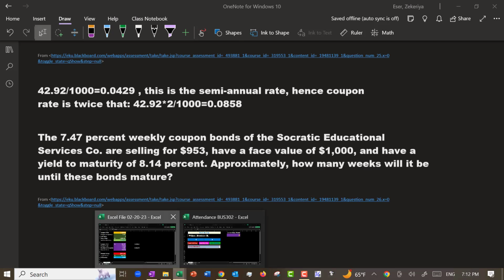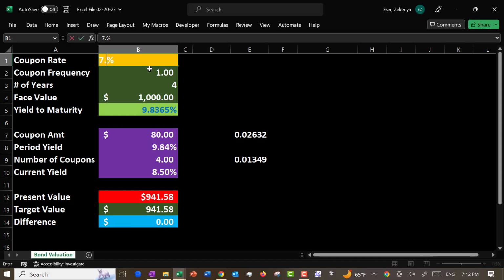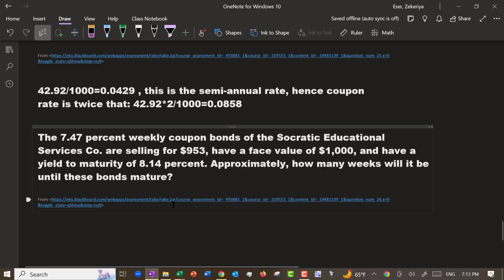We don't know how long the bond is. Face value 1,000. Yield to maturity 8.14. But we know that they're selling for 9.53. So that's my target price.